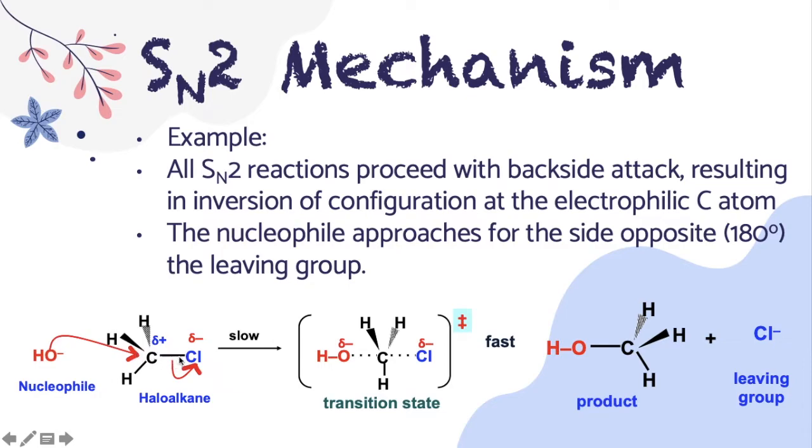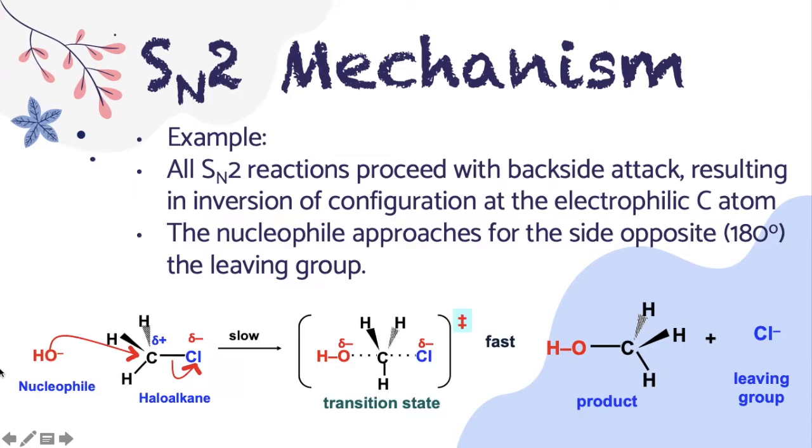When you have a carbon with the halogen on the right side, at the front side, the nucleophile will replace this halogen, but it proceeds with backside attack, so it won't approach this carbon from the same side as the halogen.